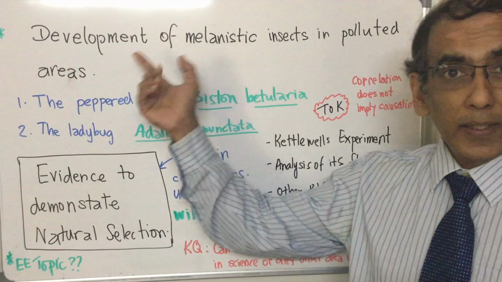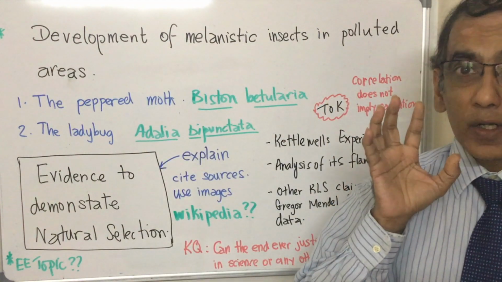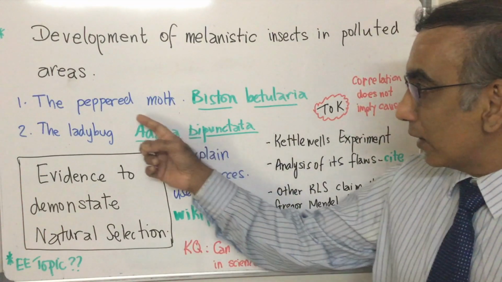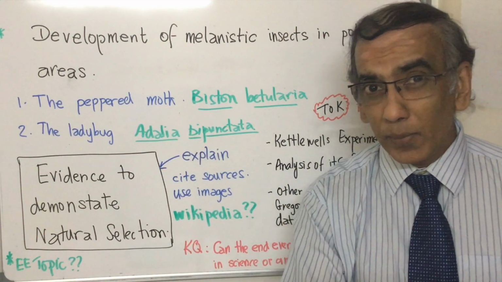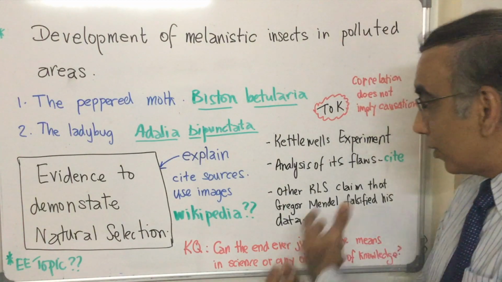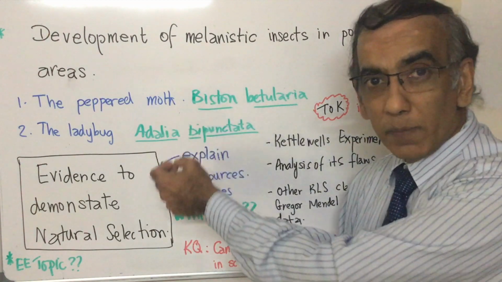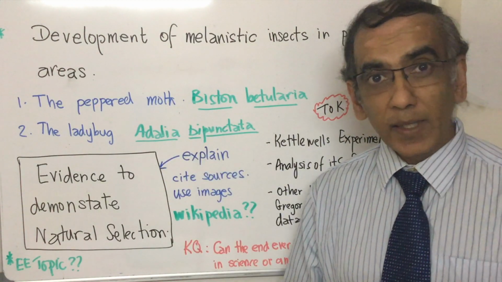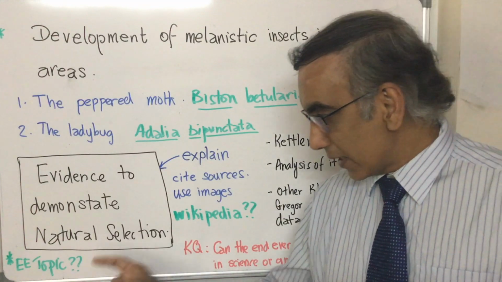And this development of melanistic insects in polluted areas is one great example. Because you can go beyond these two examples, you can search the literature for more examples of melanism, and of course you can expand a little bit more on the criticisms of the original experiment as conducted by Kettlewell. And that is for you to consider for your extended essay.